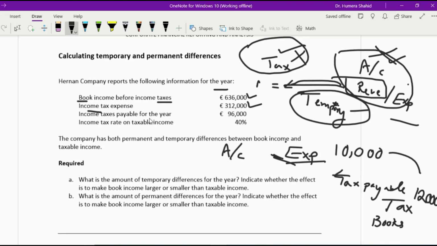Income tax payable for the year is 96,000. This is based on tax books because this is calculated based on tax. And what is the rate of the tax? That is 40%. The company has both temporary and permanent differences in the book income and the tax income. So we need to calculate both of them.